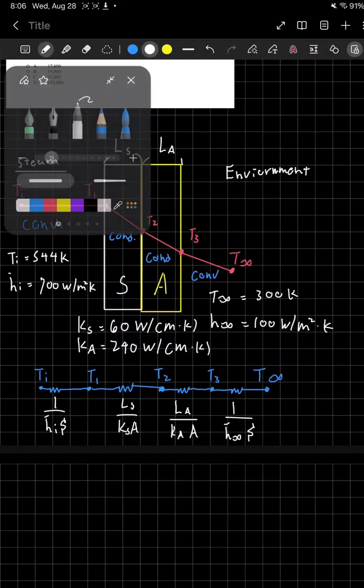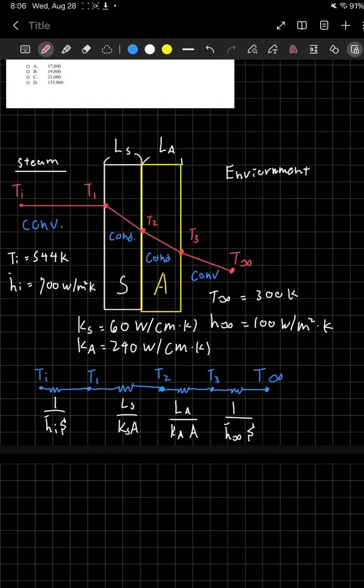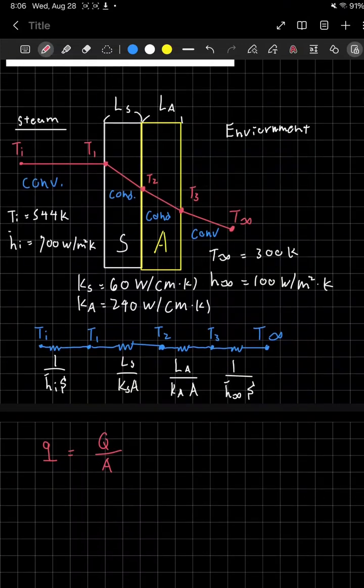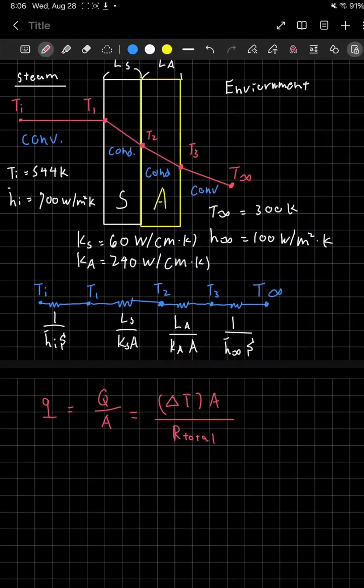So to solve this question, I have another very important formula, which is the heat flux equals Q over A. Through derivations, this would actually be equal to delta T times A over R total. And R total is just the total resistance, so all of these add up to each other. This is R total.